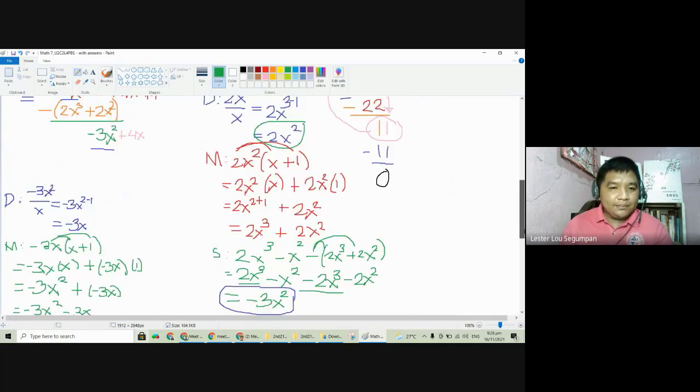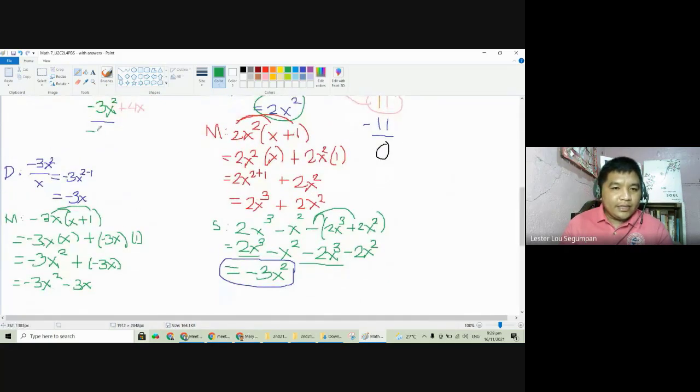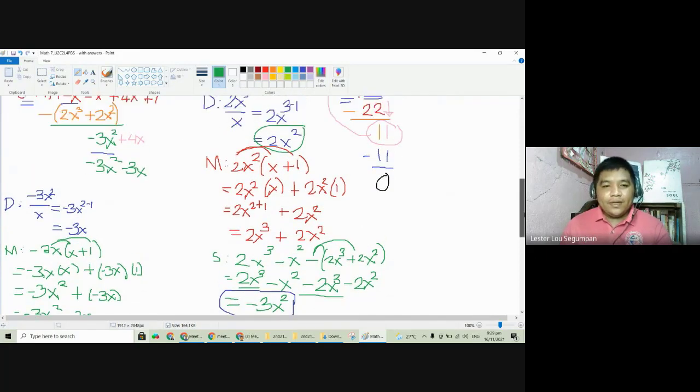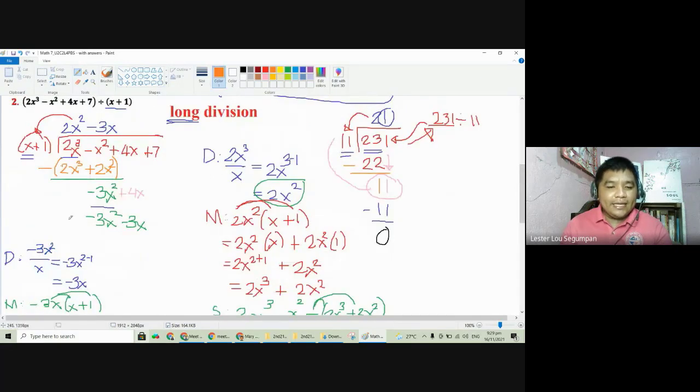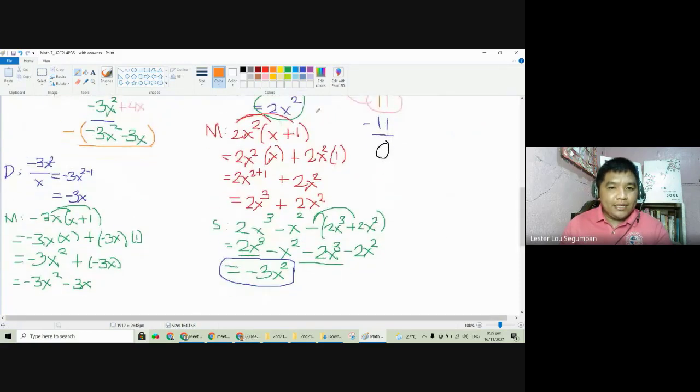Place the same term here below this group here. So negative 3x squared minus 3x. Next step, subtract, but please be guided that when you subtract, use a grouping symbol indicating you are subtracting the whole second difference. And with that, let's copy this here.